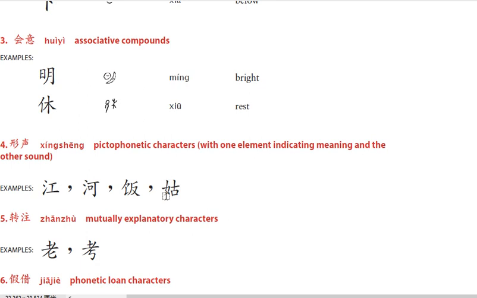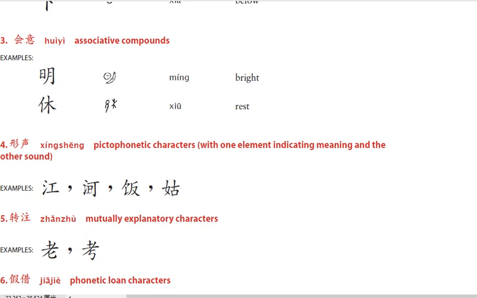The element on the left has the meaning of female. So auntie is a female, and it is pronounced with the sound 古. 姑 actually has a similar sound to the element on the right. So this is the sound part, and this is the meaning part.